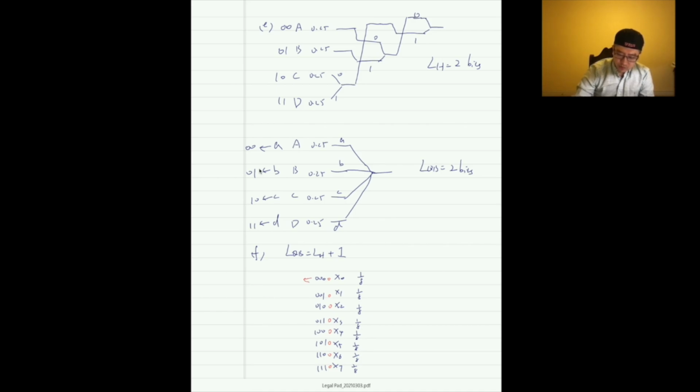For example, this one will give us AA, and over here will give us AC, and this is BA, so this 01 is B, and 10 is BC, right? And also this one, 10 is CA, and this guy is CC. And this guy is DA, and here we have DC.